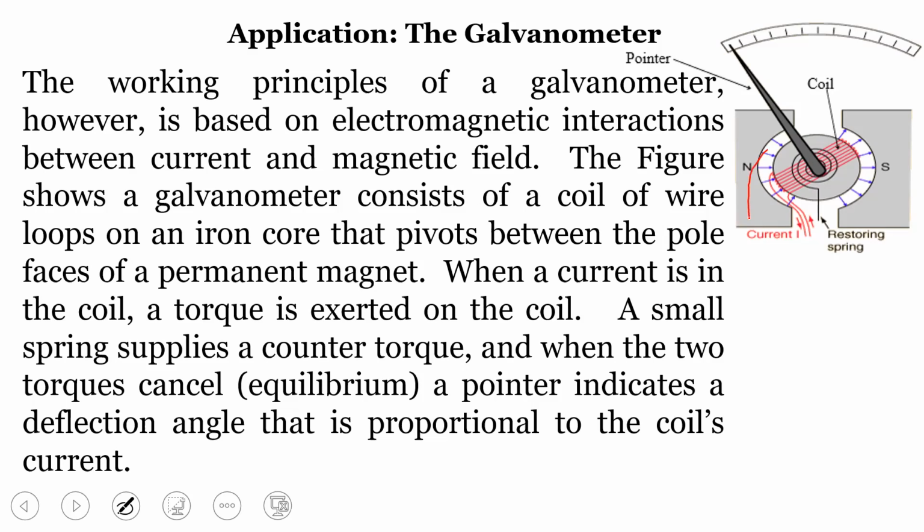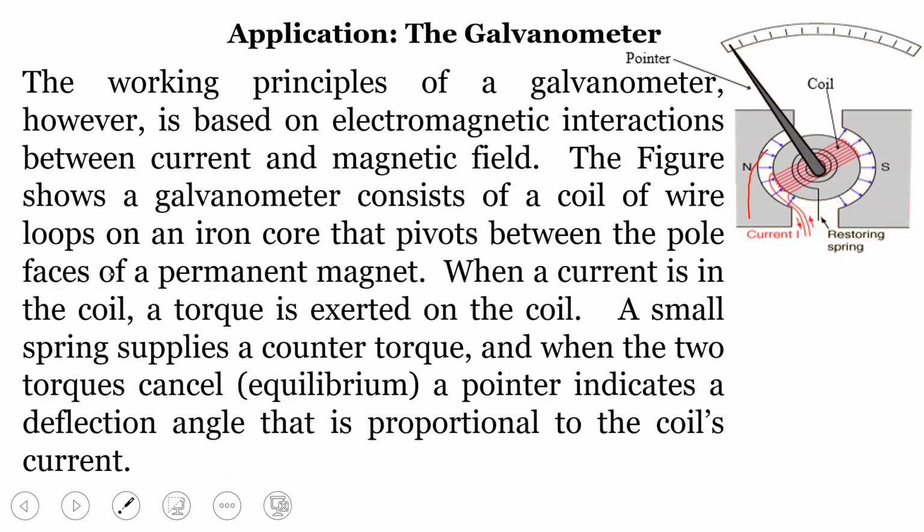Over here, we have the magnetic field, North Pole, South Pole, and we have a coil around the pointer. So when large current flows, you would expect larger deflection.